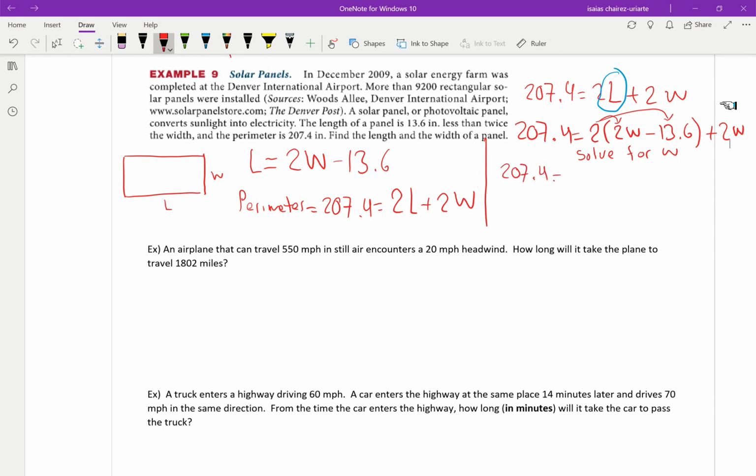So then I have 207.4 is equal to 4W minus 2 times 13.6, that's 27.2, plus 2W.